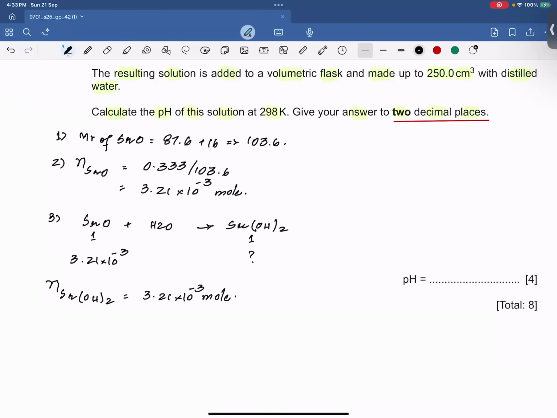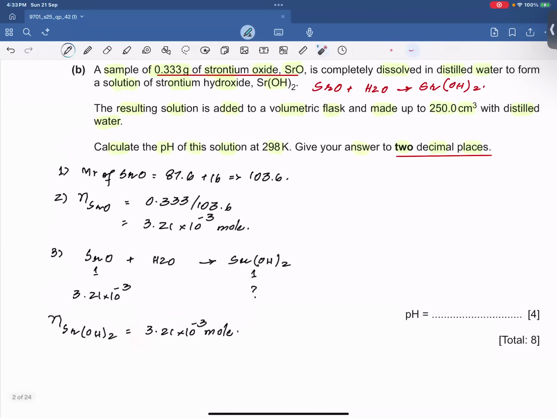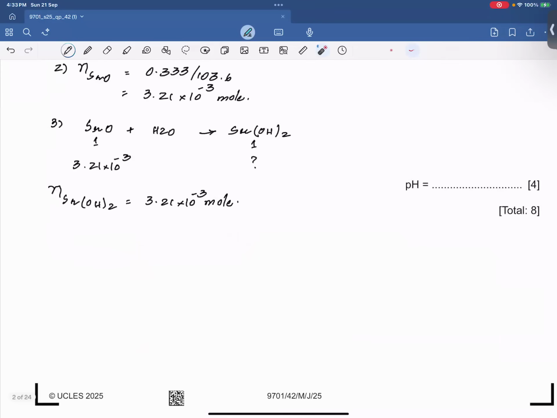All right. Now I've got these moles in 250 cm3 volume. So 250 cm3 contains 3.21 × 10^-3 moles.